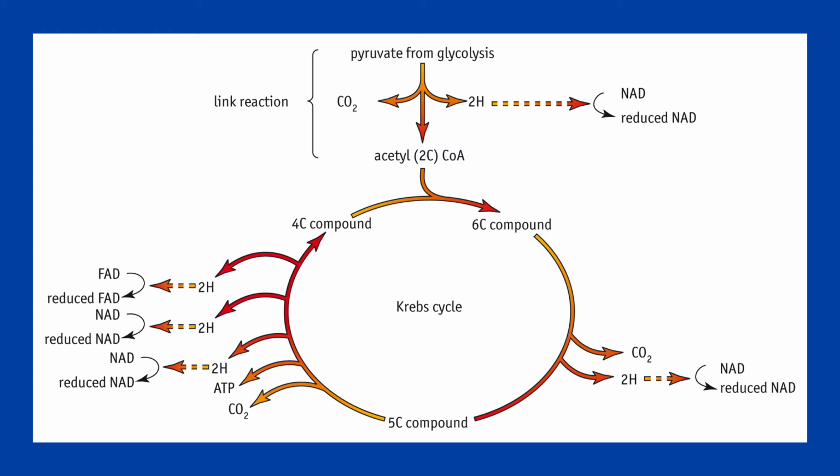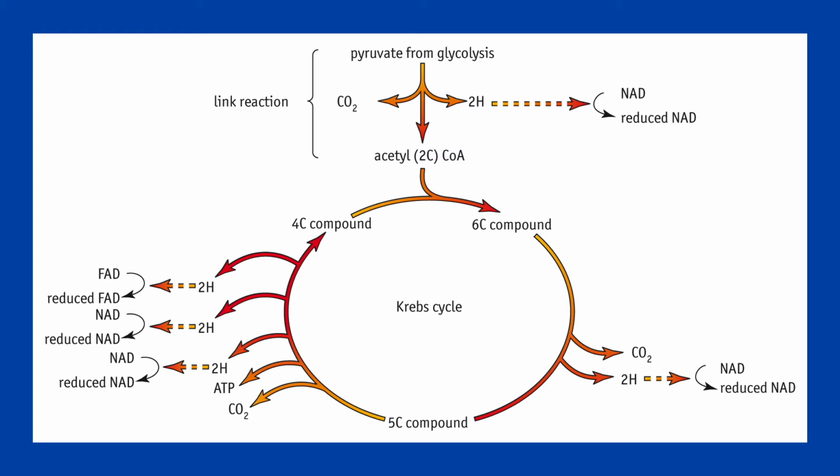In the matrix, pyruvate is decarboxylated and dehydrogenated into a 2-carbon molecule, acetate. As this happens, a molecule of carbon dioxide is evolved, and NAD is reduced to NADH. This acetate molecule then combines with coenzyme A to produce acetyl coenzyme A. This molecule is then used in the Krebs cycle, the next stage of aerobic respiration.